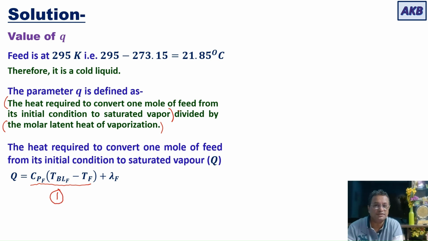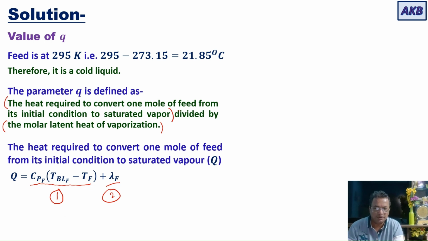It gives the sensible heat that is needed to take the feed from its initial temperature Tf to its final temperature, or to the boiling temperature TBLF. So you need to supply the sensible heat in order to take the feed solution to its boiling point, and then you need to supply the latent heat. So the first term is sensible heat, and the second term is the latent heat.